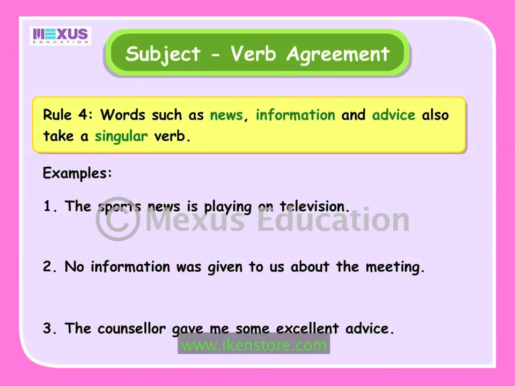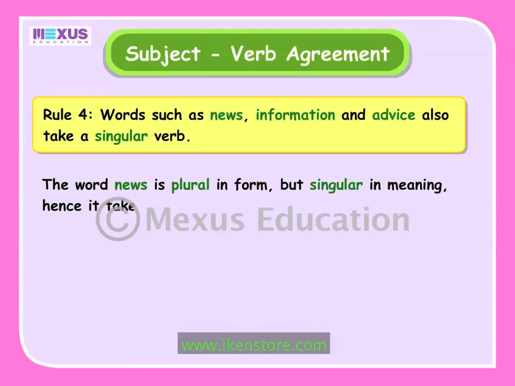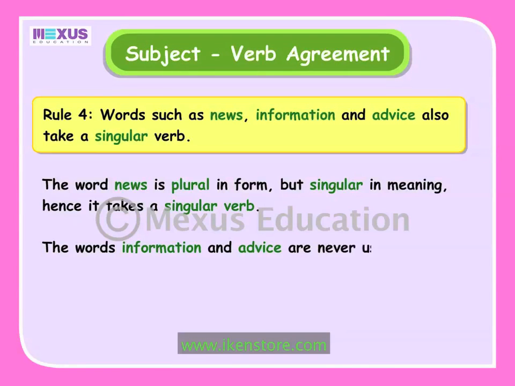In these sentences, singular verbs have been used. The word news is plural in form but singular in meaning. Hence, it takes a singular verb, is playing. The words information and advice are never used in the plural, hence, they take a singular verb.